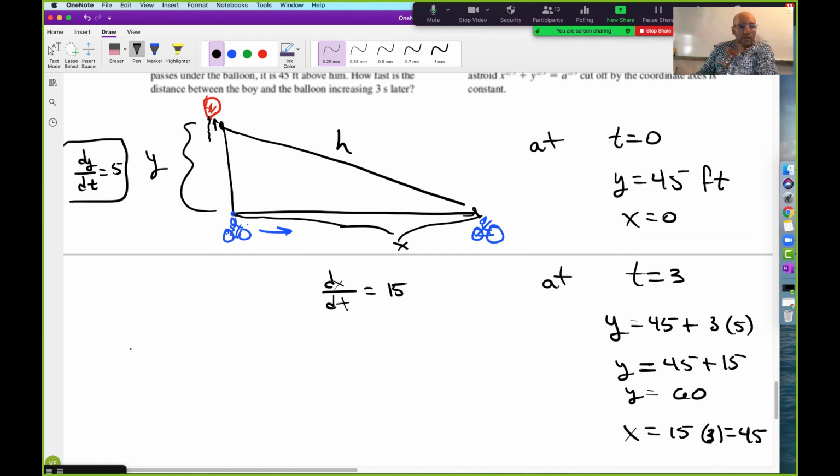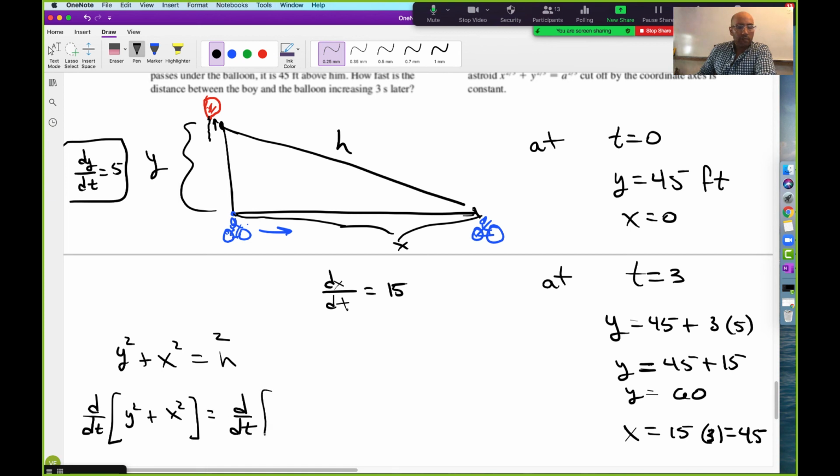So we end up with the equation y squared plus x squared equals h squared. Good. And we want to find how fast the distance between the boy and the balloon is increasing. So we want dh/dt. So let's find d/dt of the left-hand side and d/dt of the right-hand side.